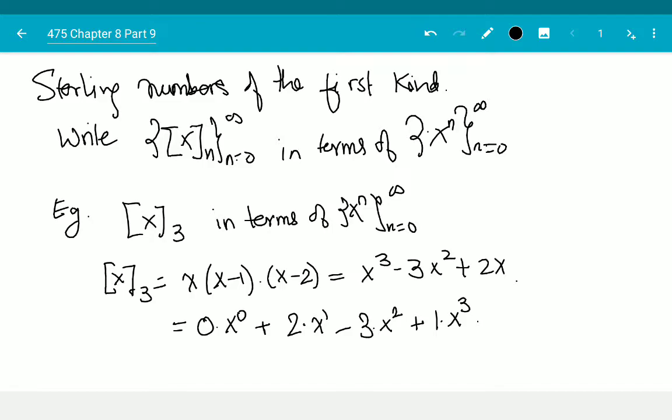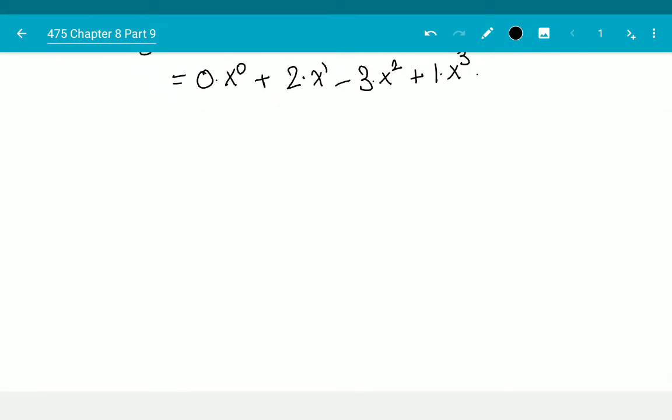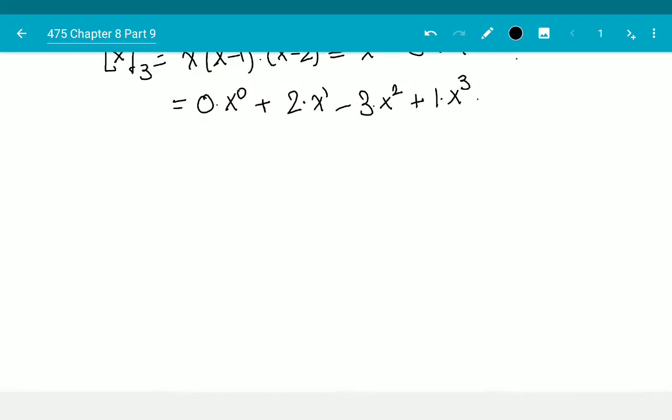Right? More generally, we can again write these out, and these are given by what we will call small x_n.